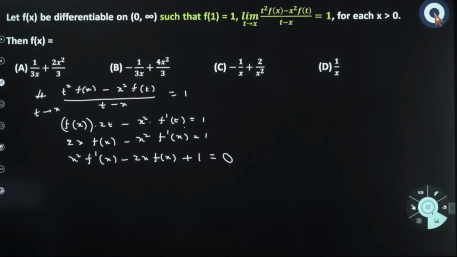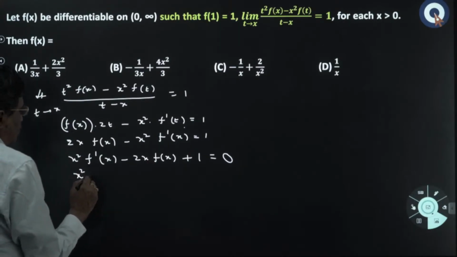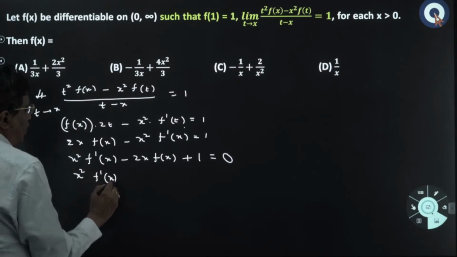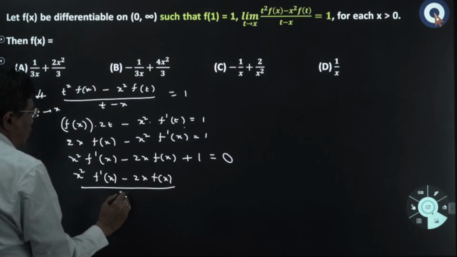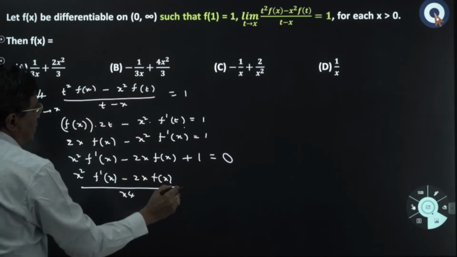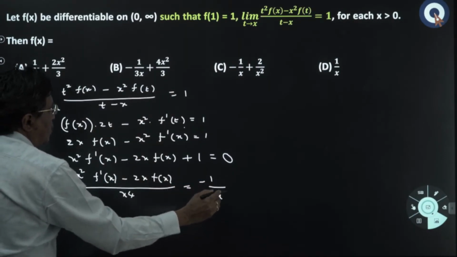So what we will do, we will divide throughout with say x power 4, considering the options. So x square f dash x minus 2x into f(x) by x power 4, minus 1 by x power 4.